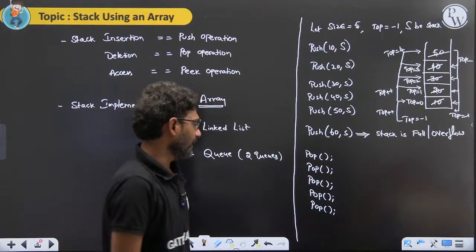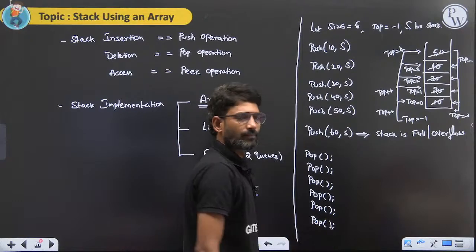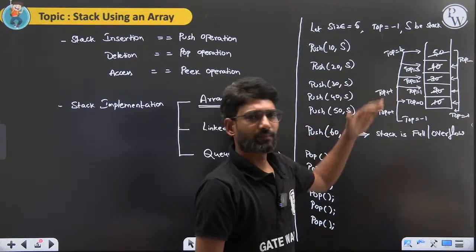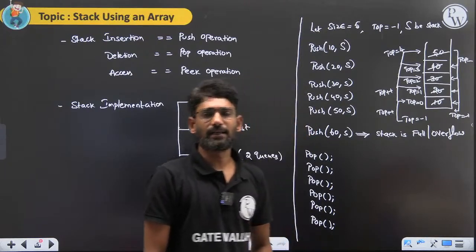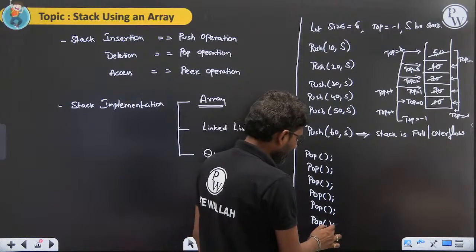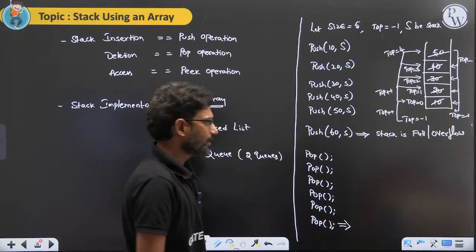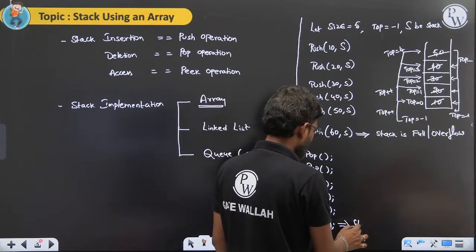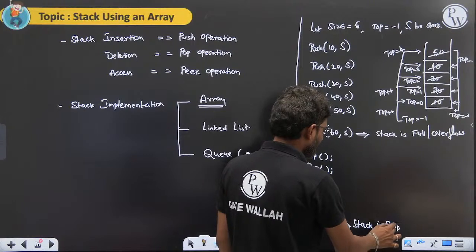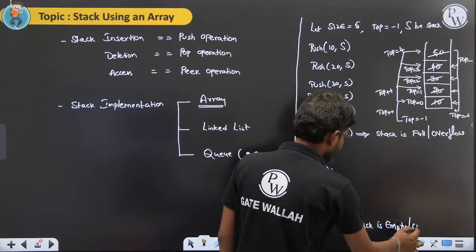Now if I try deleting the 6th element, I will not be able to, right? Because all the elements got deleted and there are no more elements in the stack now. So whenever I try to delete beyond the limit, I should get a stack is empty notification, or this is what you call underflow.